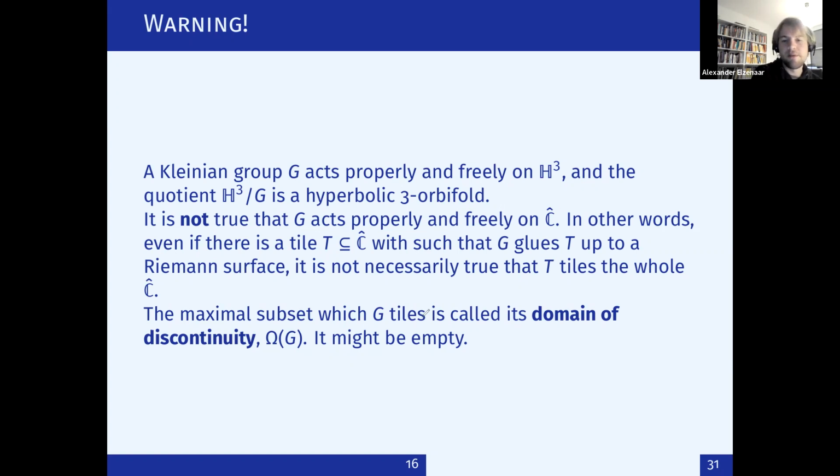The maximum subset tiled by G is called the domain of discontinuity, or omega of G. The tiles will accumulate on the edge of this domain, and that accumulation is what causes them to fail to tile the whole space. You'll get a bunch of tiles which tend to be infinitely small until they vanish on some wild subset, which is the limit set, or the complement of this set.